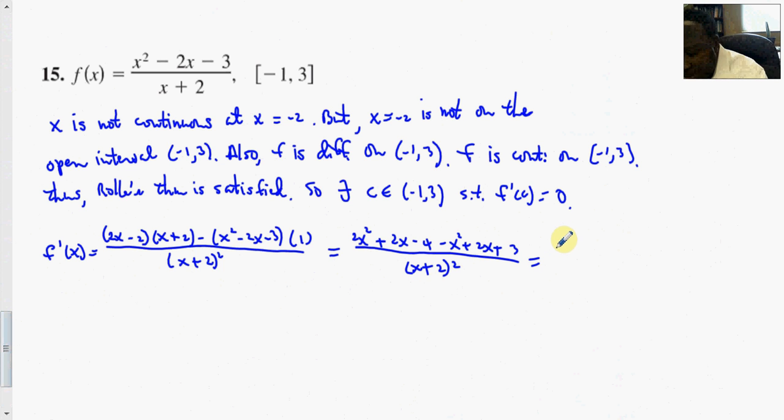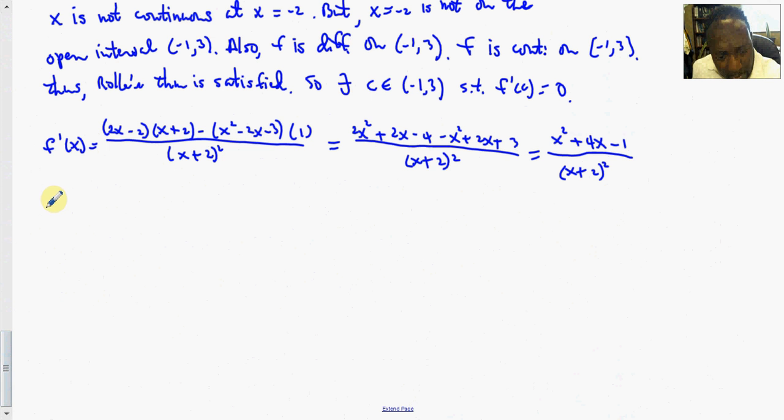Simplify that, that gives us X squared plus 4X minus 1 all over X plus 2 to be squared.